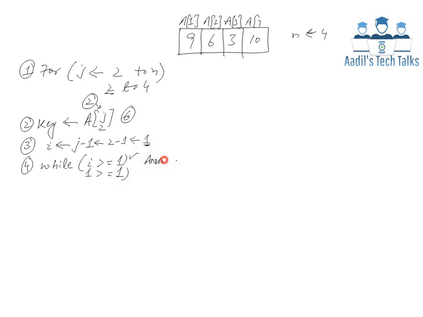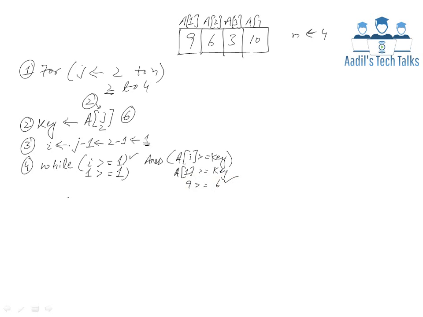And second condition is A[i] is greater than key. A[i] means i value is 1, a1 is greater than key. Now the key is 6, a1 is 9. 9 is greater than key, yes, it is greater than key.